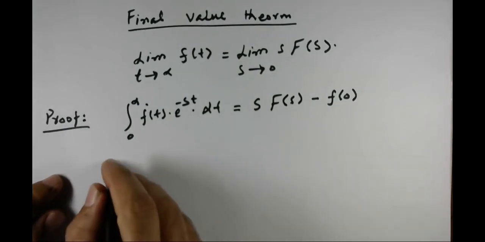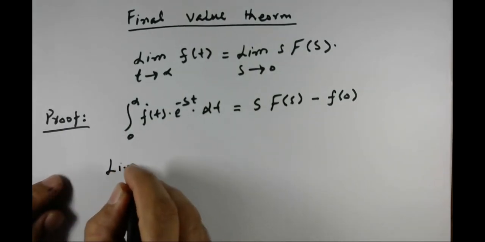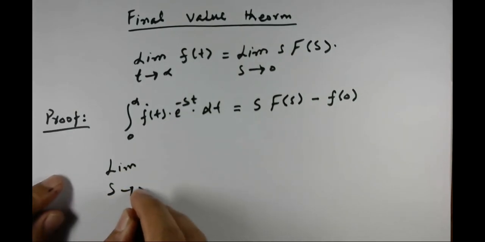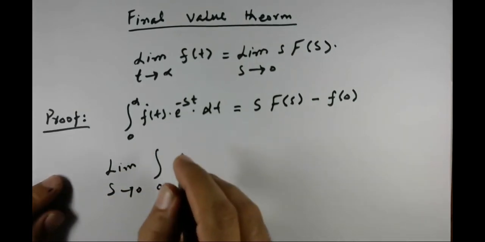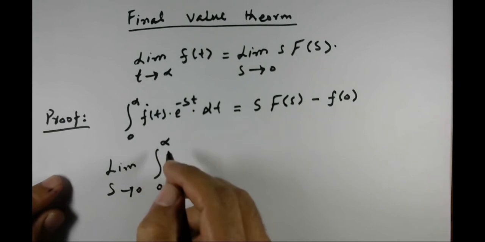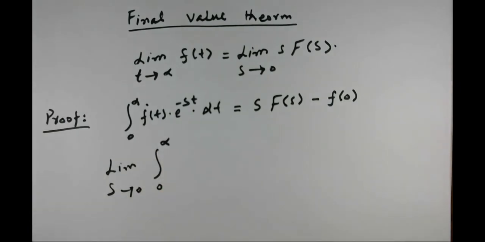Okay, now we apply the limit. Let's say the limit as s approaches 0. Before, we applied the limit s approaches infinity, right? Now we apply the limit s approaches 0.